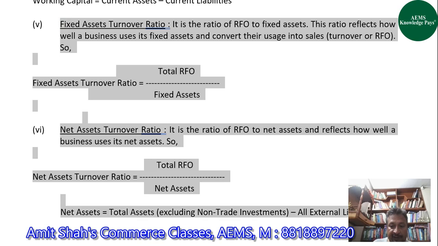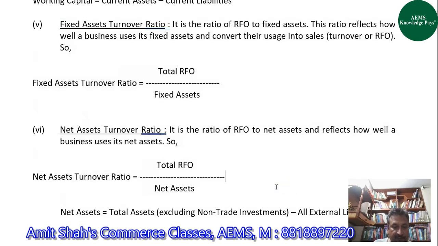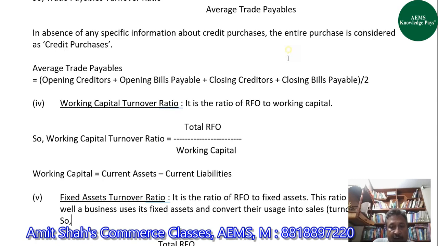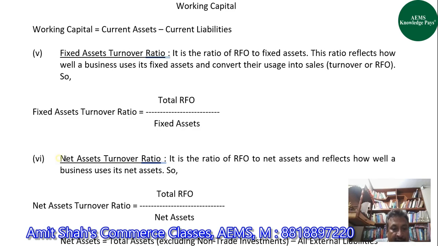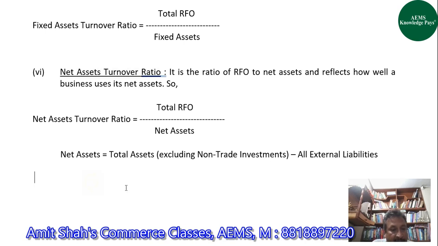So, guys, note down these ratios. For ISC students, there are total four ratios till working capital turnover ratio. For CBSE students, there are total six turnover or activity or asset management ratios. What is common among all the turnover ratios is that more the ratio, better it is for the business.